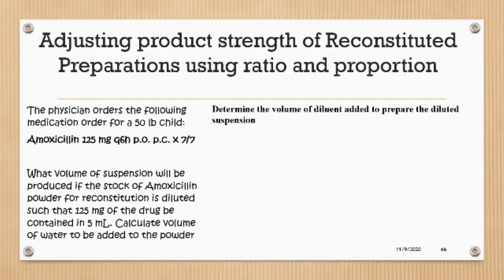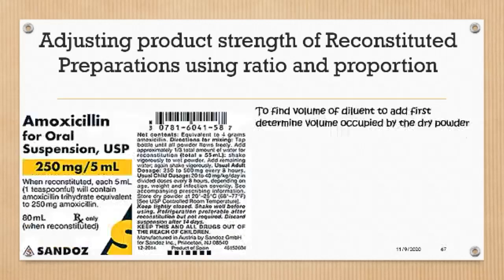We remember that in order to determine the amount of water to add, we need some information. We need the volume occupied by the powder, and we also need the final volume. And we have both of them.